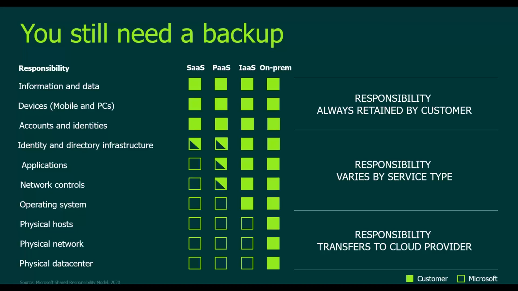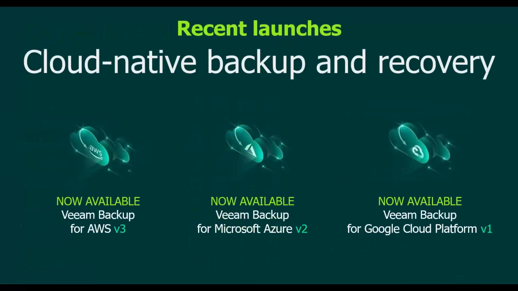So for that very reason, we have developed 3 products that are native to the hyperscalers. The first one we released, which is now version 3, is the backup and availability for AWS.